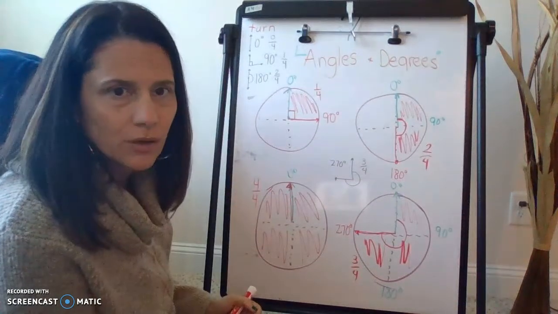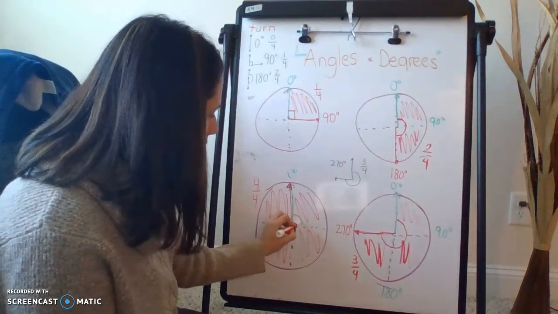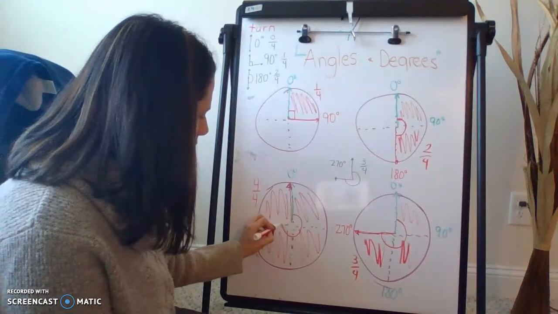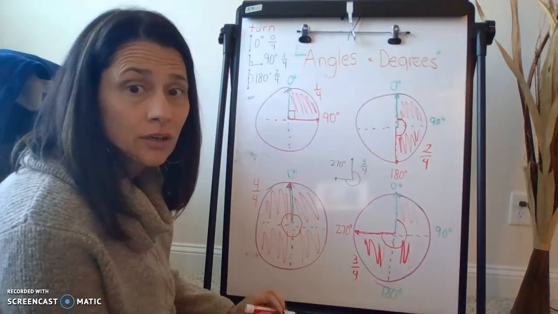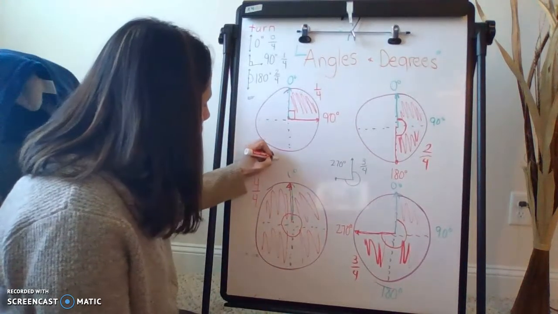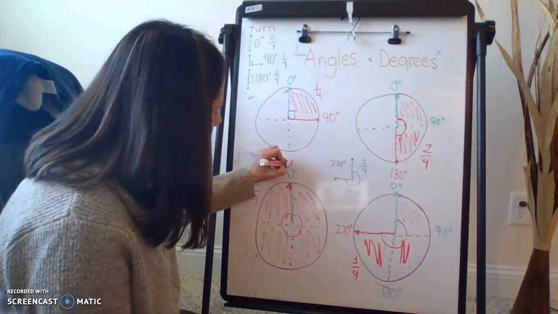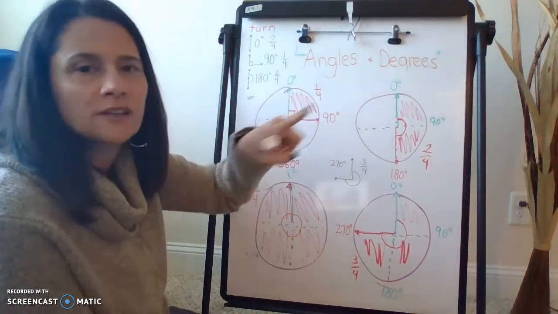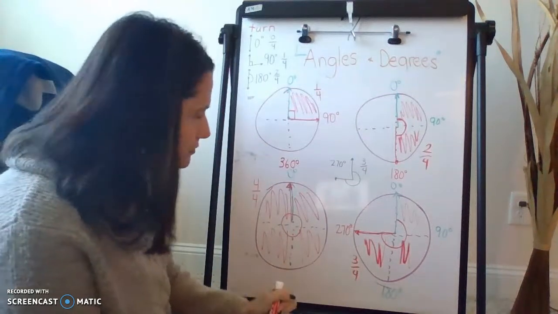My red can't be 0 too, because we've just gone 90, 180, 270, and then if we add another, it is 360 degrees. One full circle is always 360 degrees around.